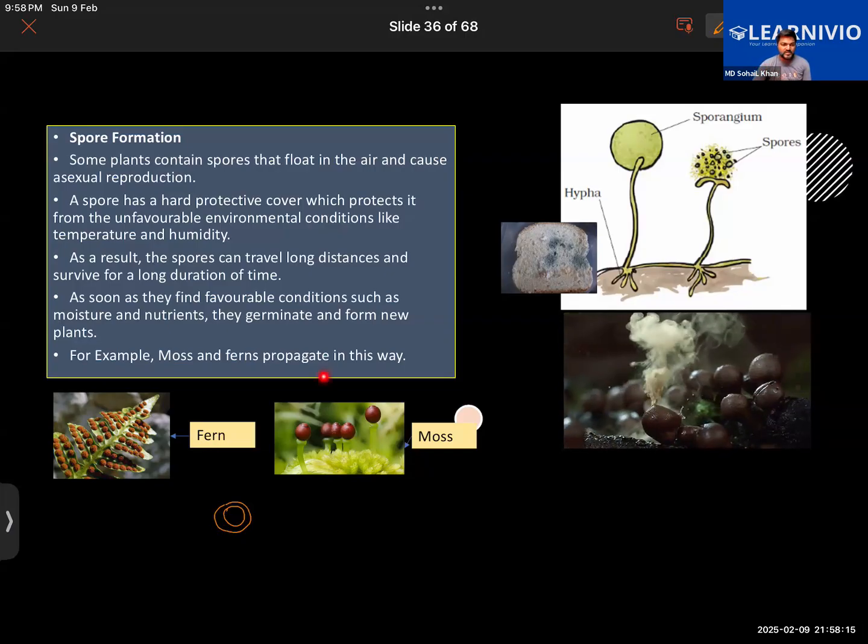Also, they are very lightweight. They are not heavy, so wind can carry them to different places. They can travel long distances and survive for a long period of time. Wherever a spore falls, if it gets an adequate amount of nutrition and moisture, it will start to germinate and grow into a new plant.